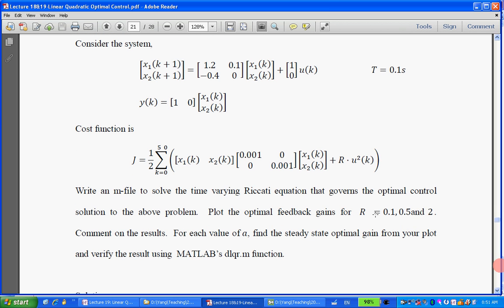So basically, plot the optimum gain subject to the R matrix, where R here is 0.1, 0.5, and 2, and see what the effect is on the gain K. So before you calculate it, as we actually discussed, what do you think will happen when you have a small R? The gain K, would that be bigger or smaller?